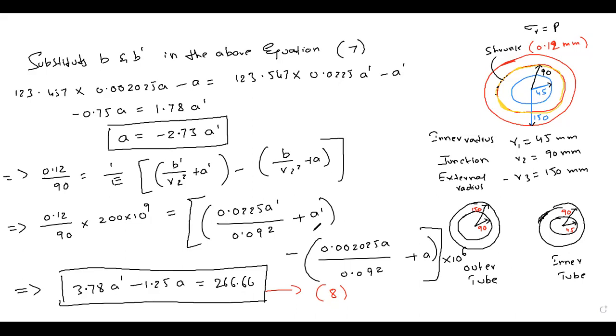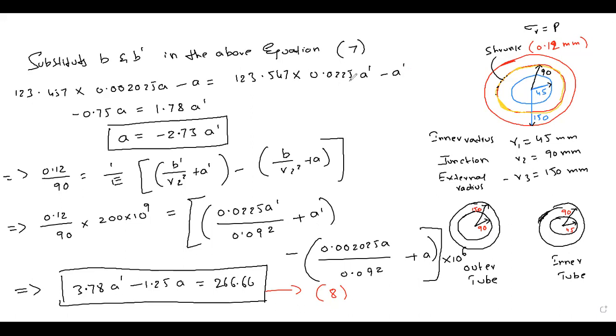solve those two equations. Can anyone tell me what are the values of a dash and b dash? Solve this equation and tell me the a dash value. From the above equations, what is the value of b dash?